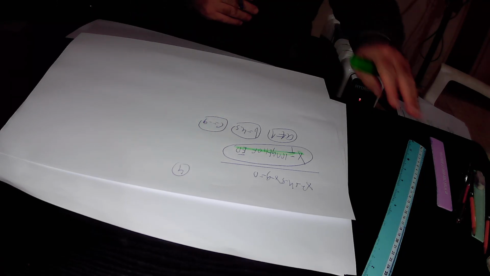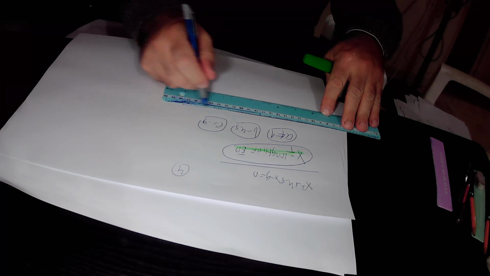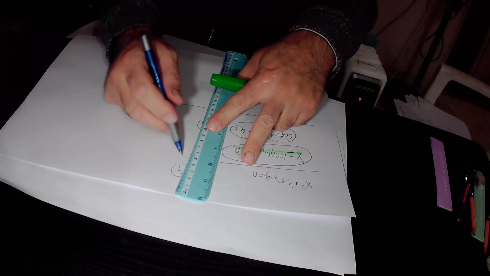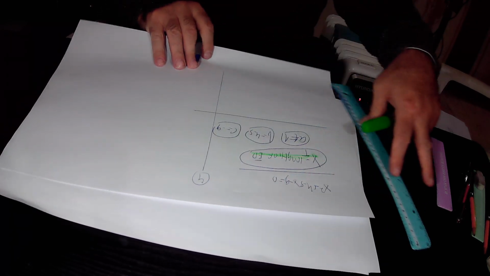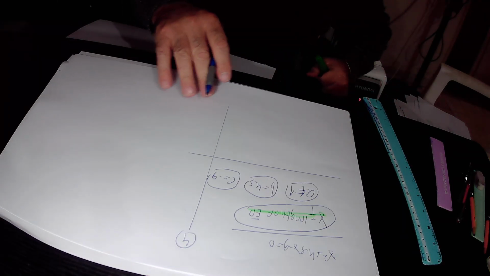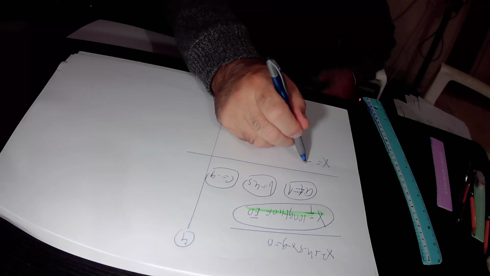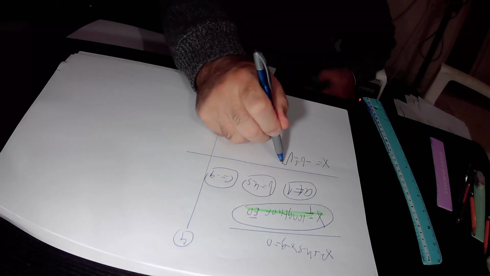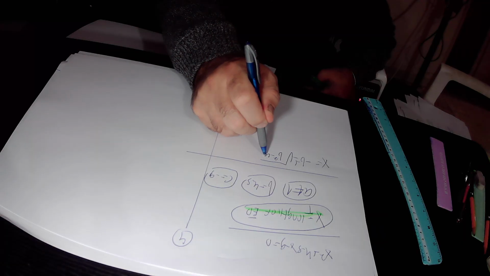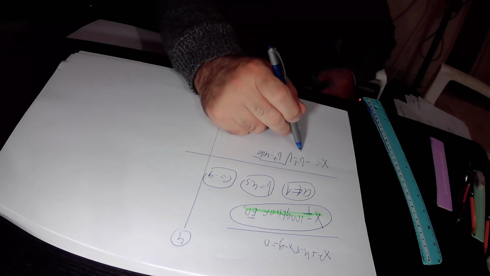And the general formula for x is as follows. x equals minus b plus minus square root of b squared minus 4 times a times c over 2a.